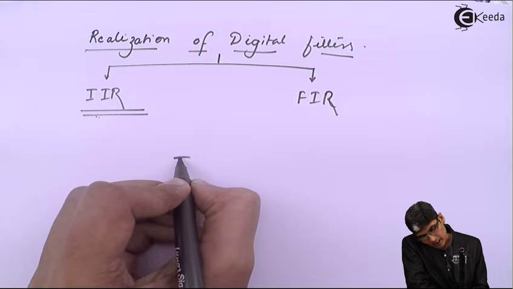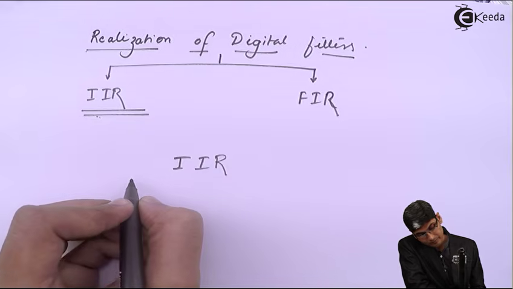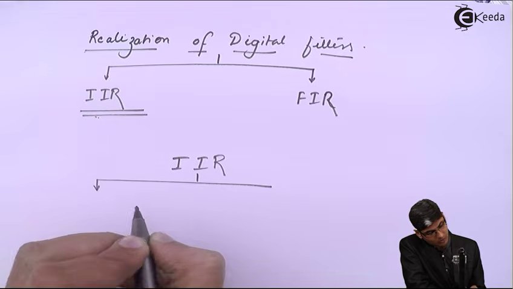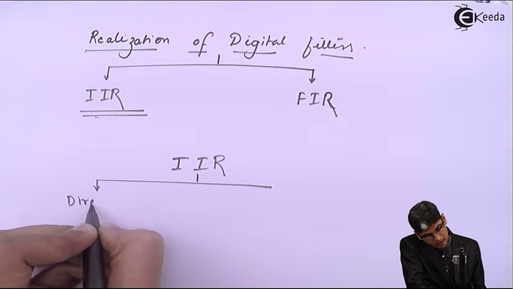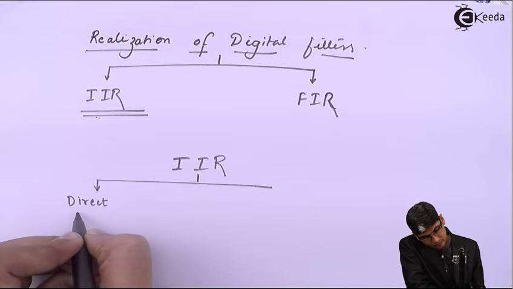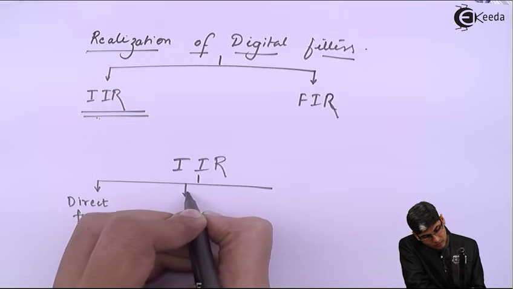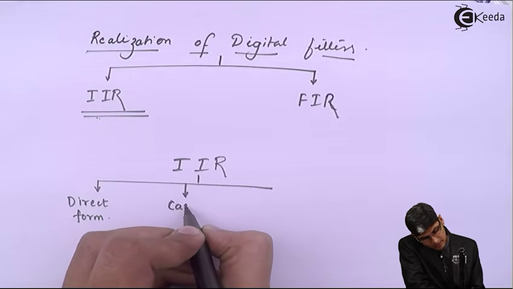So the IIR, that is infinite impulse response filter, is realized using three basic methods. One we call the direct form structure. Second type of realization is the cascade realization.